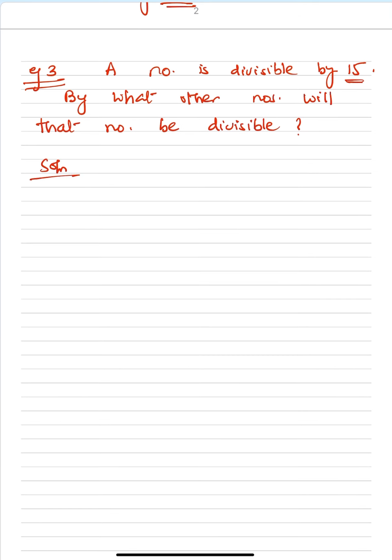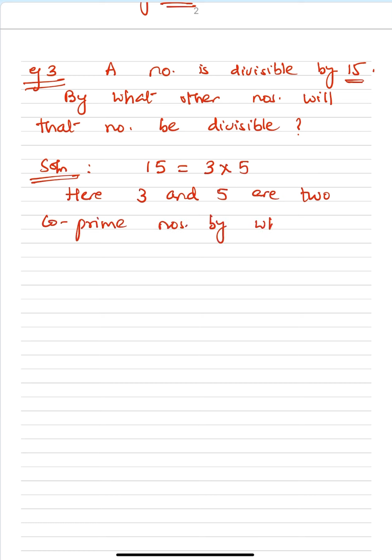So the factors of 15 are 3 into 5. So 15 is divisible by 3 and 5 both. Here 3 and 5 are two co-prime numbers by which 15 is divisible. So they can ask you either way, either the product is given or the co-prime numbers are given to us.